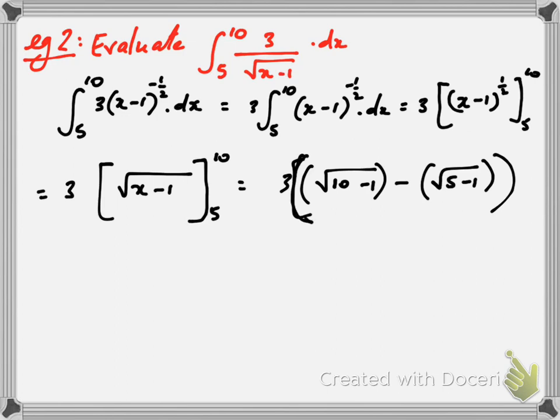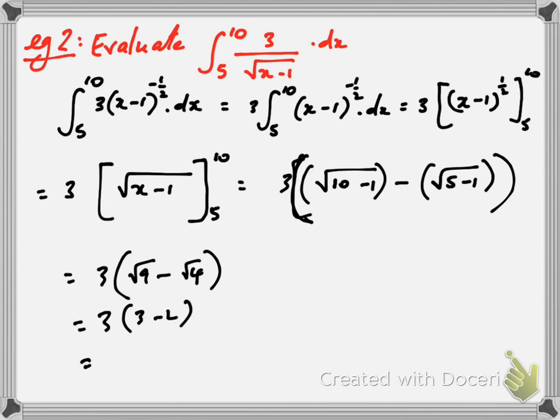You don't have to put the square here, which gives you 3 times the square root of 9 minus the square root of 4, which is pretty straightforward. That gives you 3 times 3 minus 2, which gives you 3. And that is your definite integral.